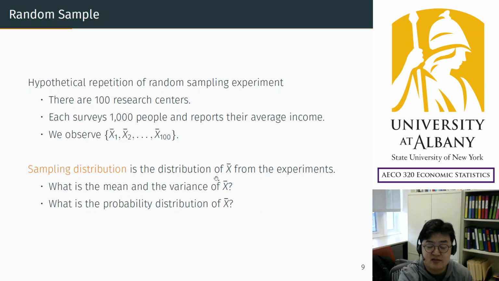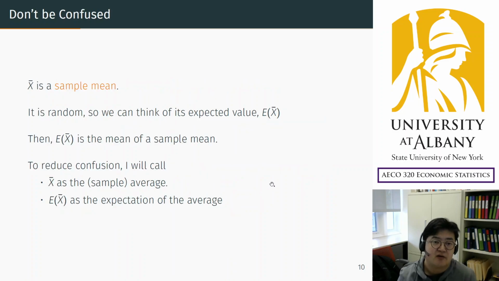And then we can ask the same questions as before, like what is the mean and variance, and what is the probability distribution. Interestingly, we can answer all these questions with ease. Of course, it is mathematically complicated, but the results are pretty simple, so the answers are simple, right?